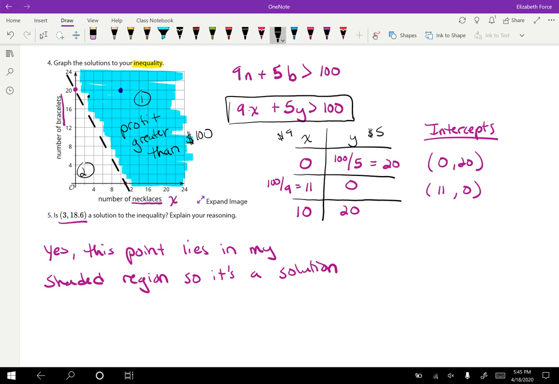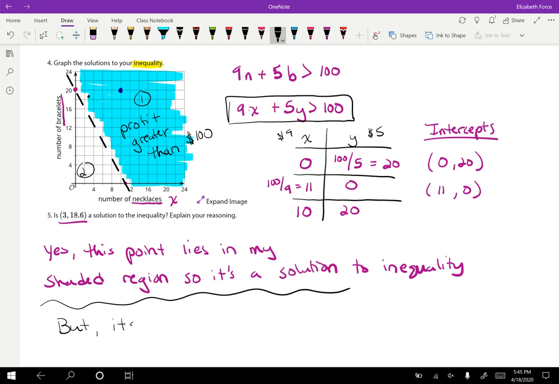However, you might be thinking what I'm thinking, which is that 18.6 represents the number of bracelets, and no one's going to go in there and buy 0.6 of a bracelet. So I'd like to point out that yes, this may be a solution to the inequality, but it's not a realistic solution to my situation.